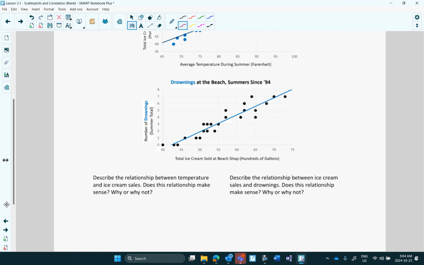Doesn't seem to be any outliers for each one. So they look exactly the same. However, the second question is probably more important. Do both of them make sense? The first one, I think we could probably agree, yeah, it makes sense. But does the second one make sense? You think so? The warmer the temperature, the more likely people are going to drown?